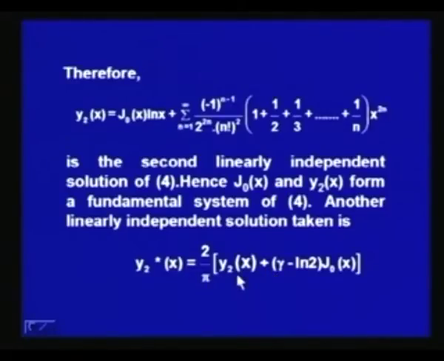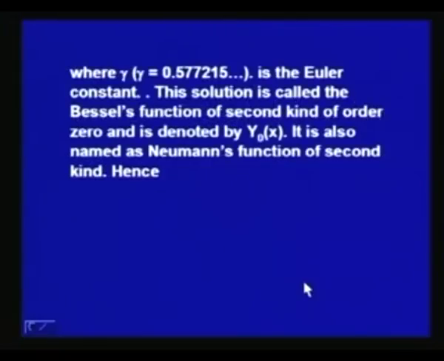This is a linear combination of the functions J0(x) and y2(x), which we have seen are solutions of the Bessel's equation already. So, it is also a solution of the Bessel's equation, and clearly it is independent of J0(x). So, it may also be taken as the second linearly independent solution of Bessel's equation.